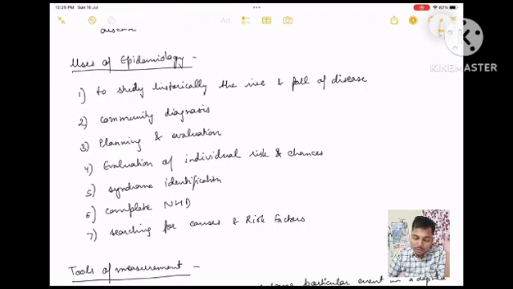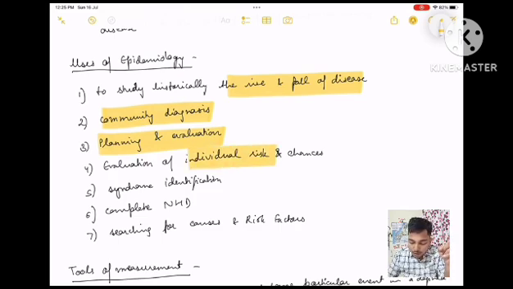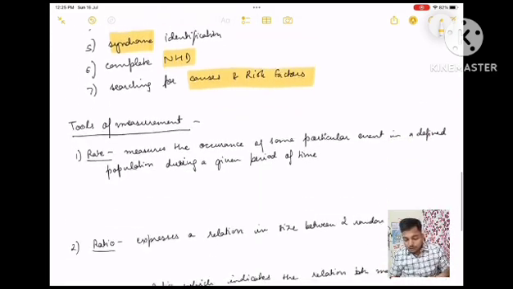Second, you can study community diagnosis, which we'll be discussing in great detail in upcoming videos. Then planning and evaluation, individual risk and chances, syndrome identification, studying the complete natural history of a disease, and also searching for causes and risk factors for a particular disease.